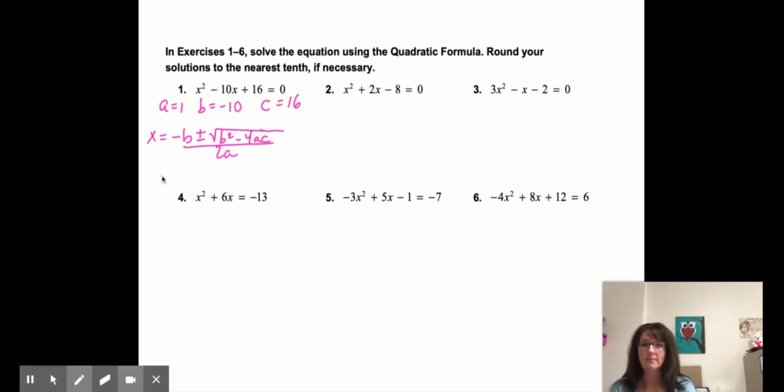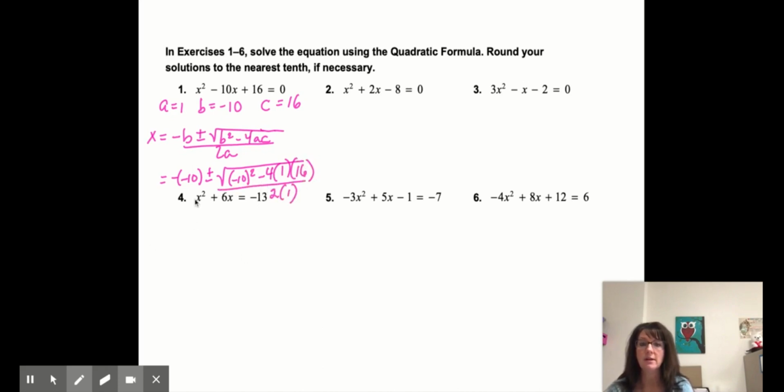Then we just substitute in. So we'll have negative b, so we have the opposite of negative 10, right? Plus or minus the square root of negative 10 squared minus 4 times 1 times 16, all over 2 times 1.